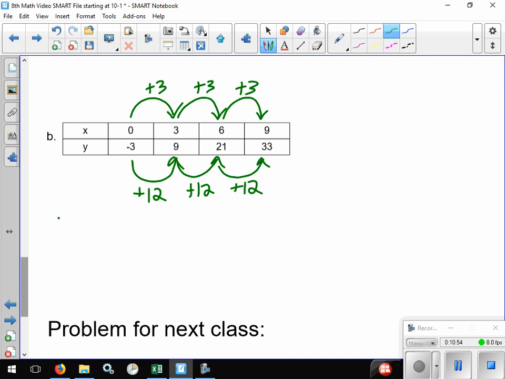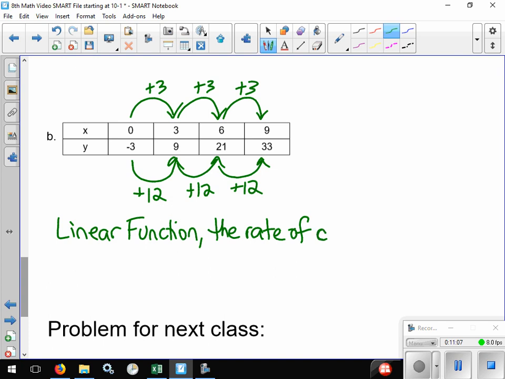So this one is a linear function. Why? Because the rate of change is constant. Okay? So we've done this now with graphing the functions and then also looking at just tables, just numbers.